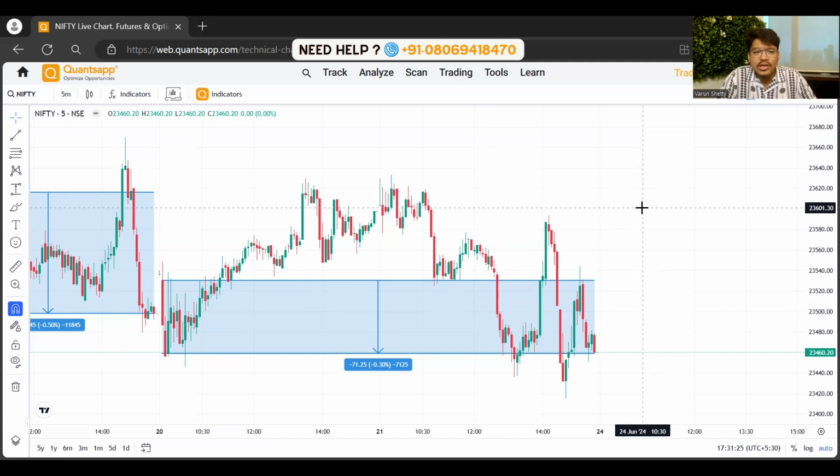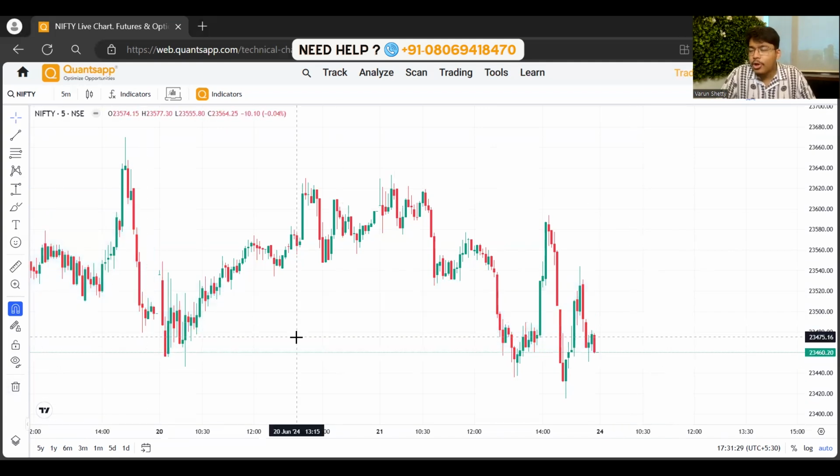Even on a positional basis, you can see that the market majority of the times is range bound. So writing straddles and strangles is the way to go. Straddles and strangles are when you buy or sell two options, both call as well as put. For a straddle, it has to be the same strike price.